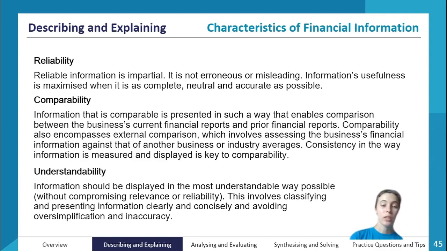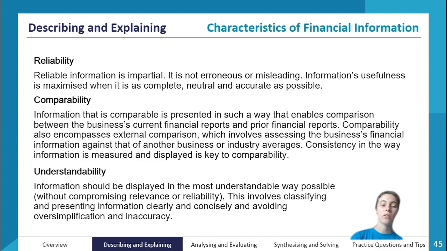In terms of comparability, information that is comparable is presented in a way that enables comparison between the business's current financial reports and previous financial reports. And it also involves external comparison. Internal comparison is when you're able to compare that same business over multiple years with different periods.